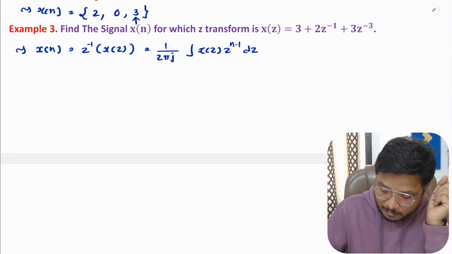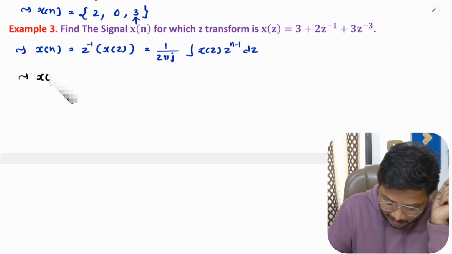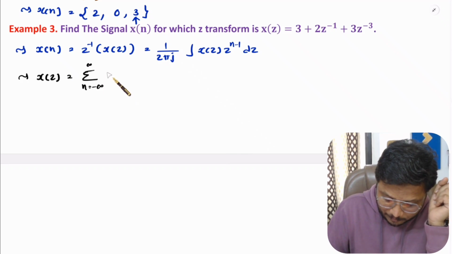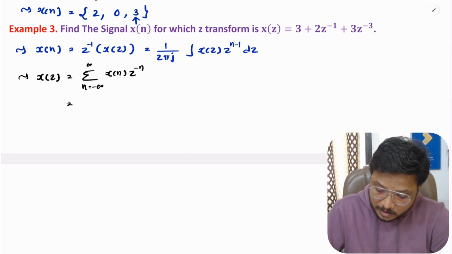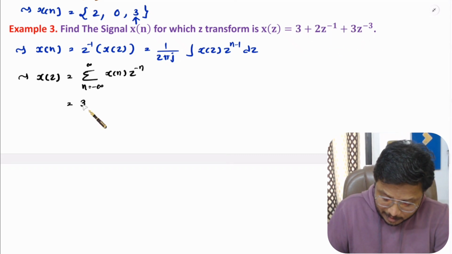But this calculation is a bit tedious, so you should follow the basic equation of Z transform, that is the summation where n varies from minus infinite to plus infinite, x of n into z to the power minus n. Here, if you observe this polynomial, we have 3, meaning 3 into z to the power 0.